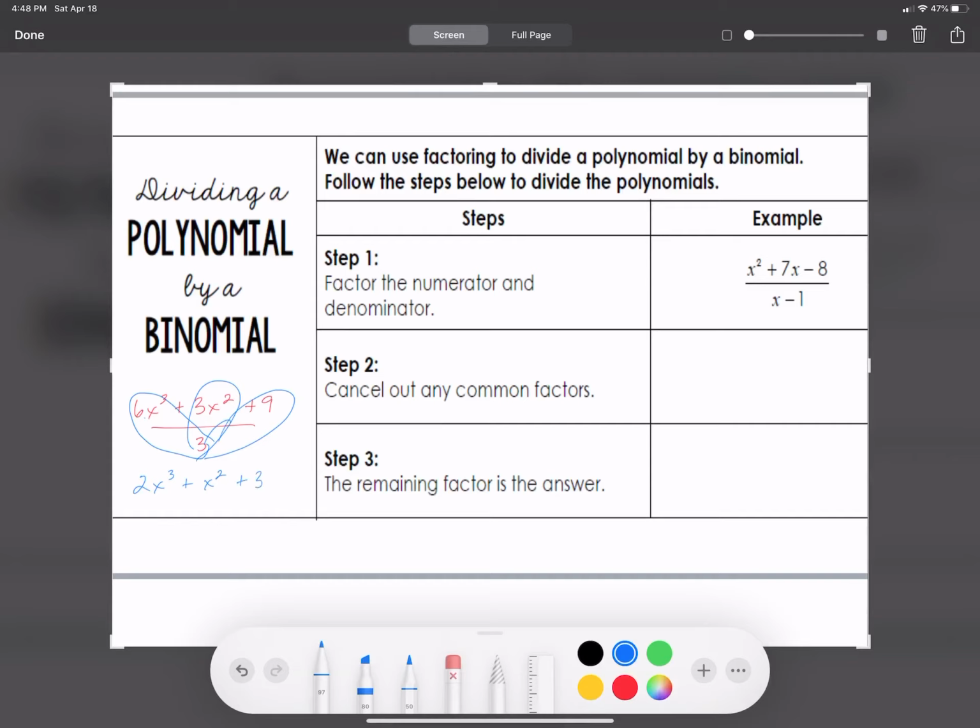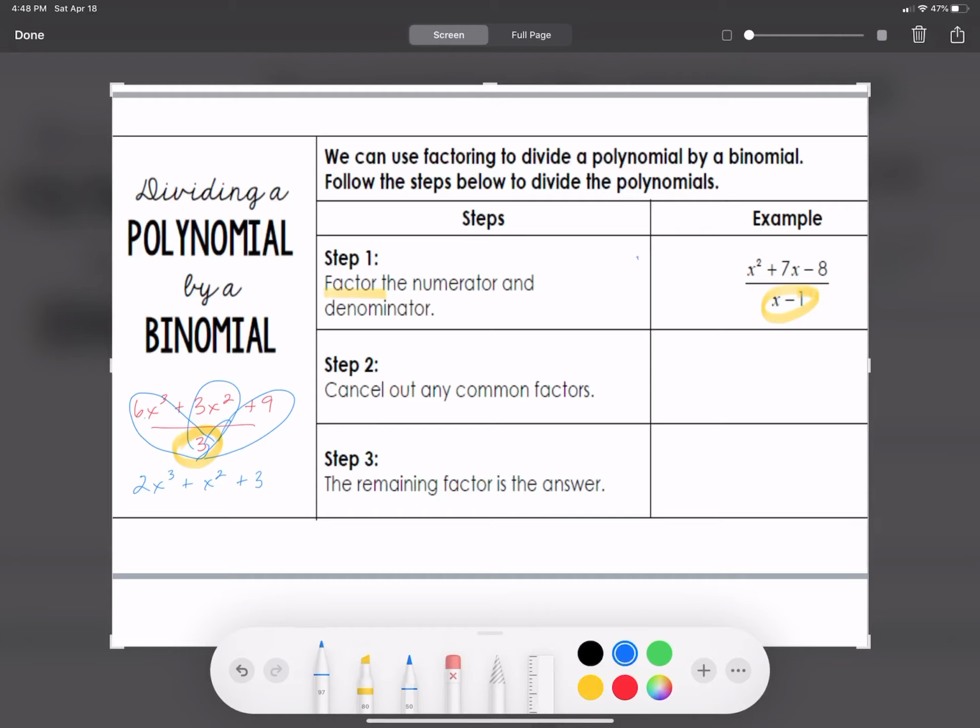Now, what's different in this scenario is that we're not dividing by a monomial like we were here. We're dividing by a binomial, and you cannot split up that binomial. So how we take care of this division is we factor the numerator. That's our first step.